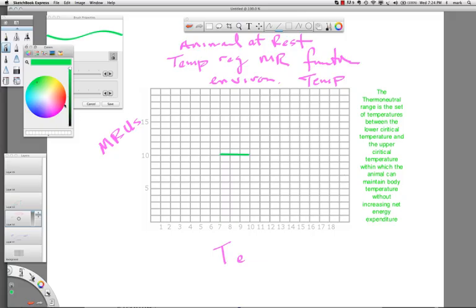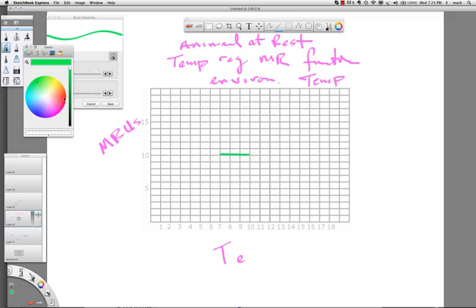Now, when it's cold out, you have to spend energy to stay warm. Okay? So when the temperature in the environment of this animal falls below the thermoneutral range, there are incurred heating costs.